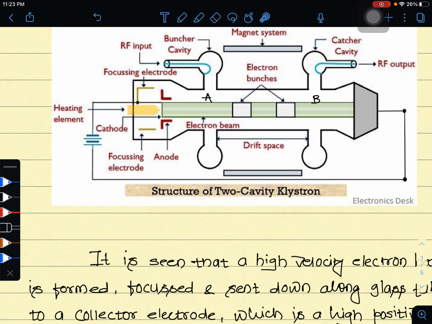Now another point related to the cavities. Let us see that the cavities are of the re-entrant type, and they are also tunable. In that case, they are integral or demountable.